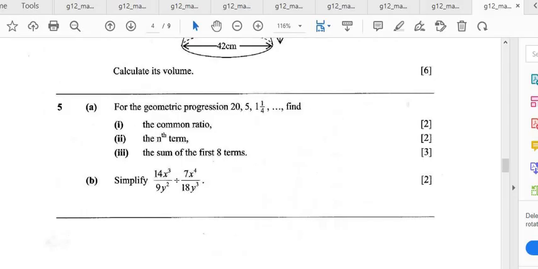There's an example which says for the geometric progression 20, 5, 1 1/4, find the common ratio, find the nth term, and find the sum of the first 8 terms.